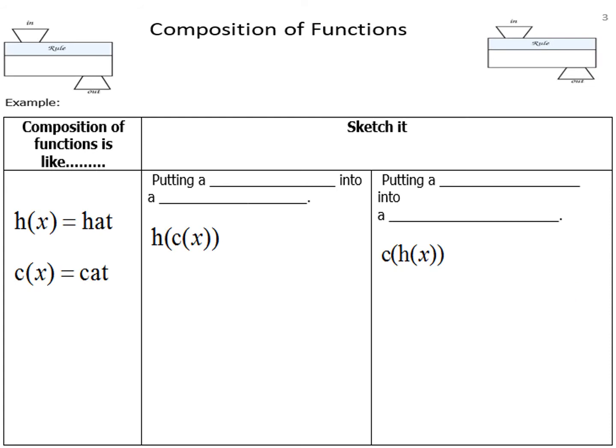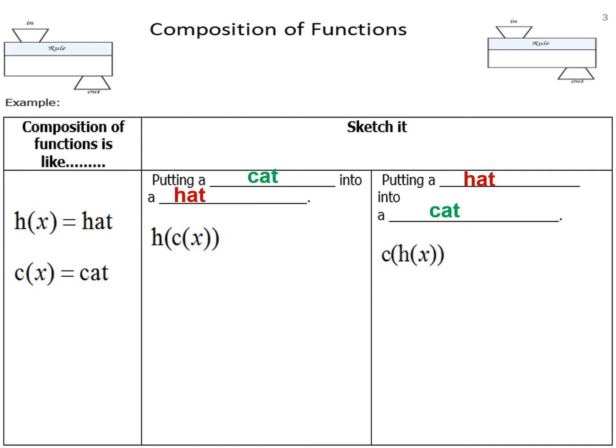We're going to talk about composition of functions. So basically, we're going to put a function inside of a function. So it's going to look a little different than what we just learned. Compositions of functions is going to be like putting a cat into a hat. The second one would be putting a hat into a cat.